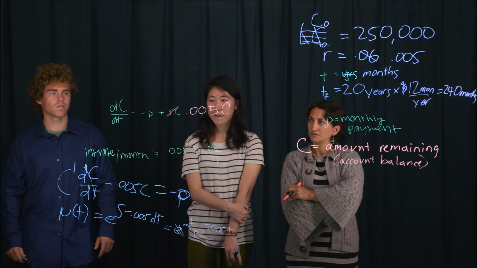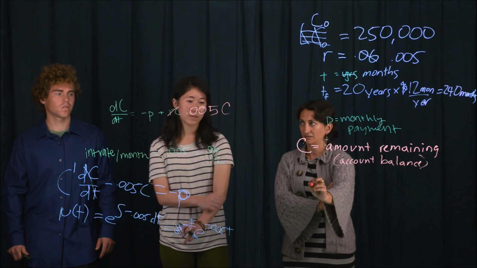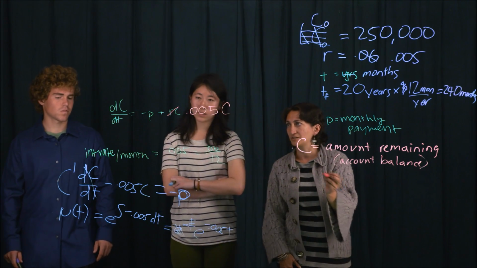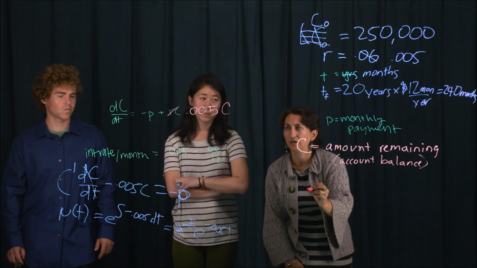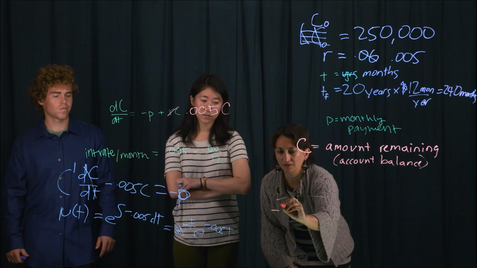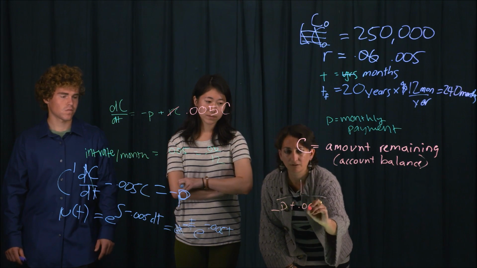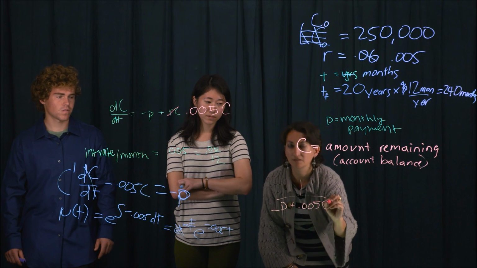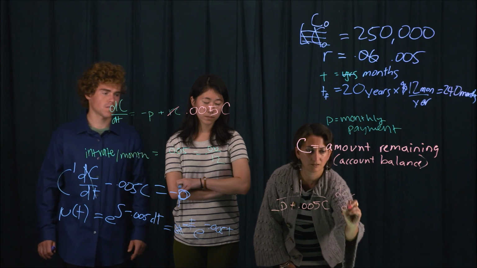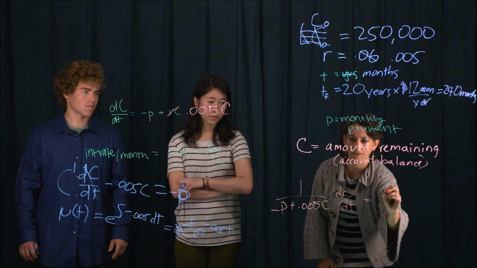So can you do that? Let's see where you can fit it. Sure. Okay, so you want to divide both sides, so that's basically going to become 1 over negative P plus 0.005C, dC/dt equals just basically 1.